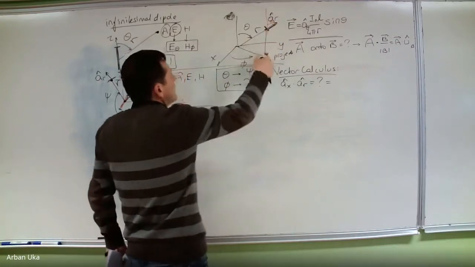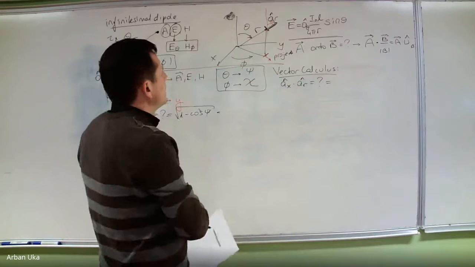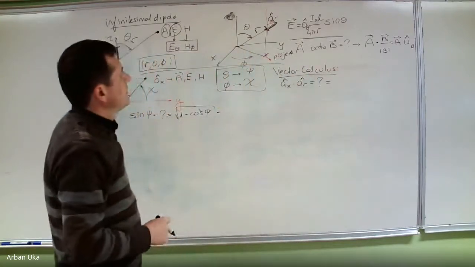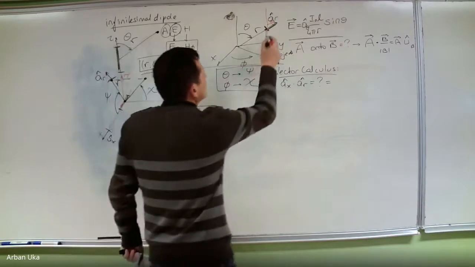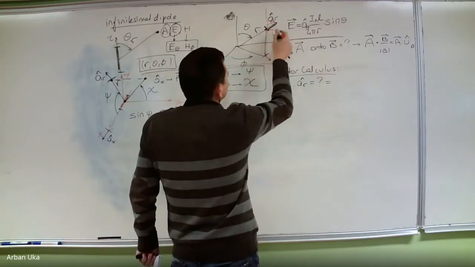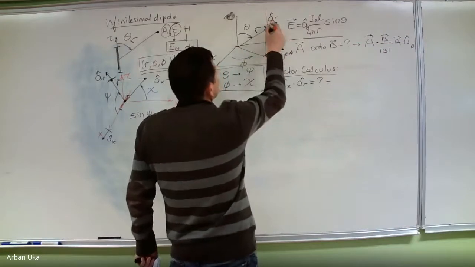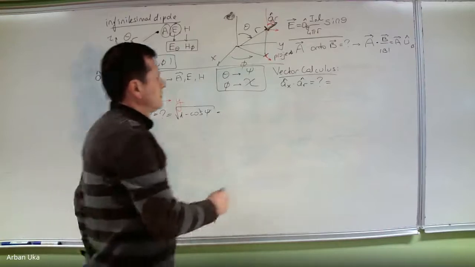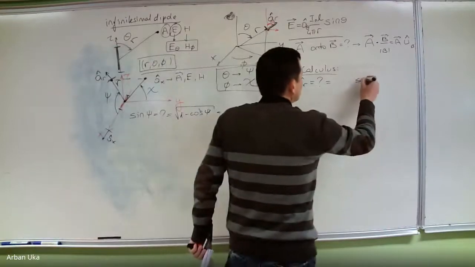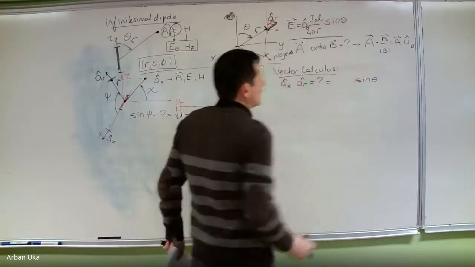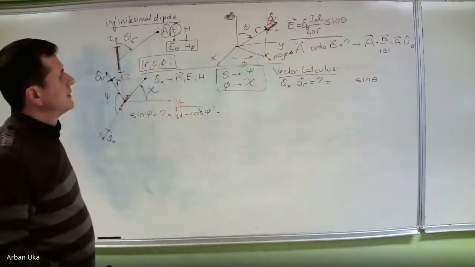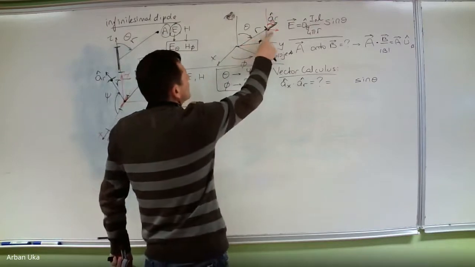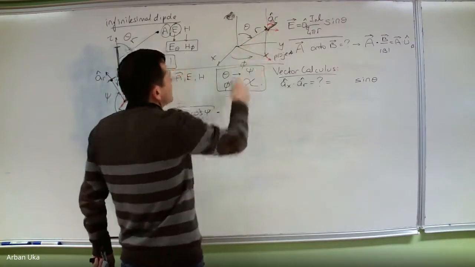So the projection of AR down to this plane is going to be, if we use the angle theta, sine theta, right? So depending on this angle theta, that's what the projection of AR is going to be down here.